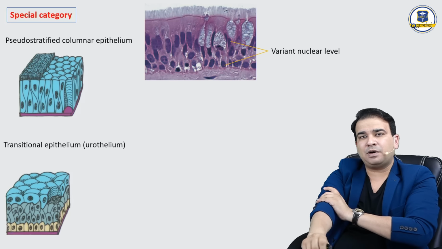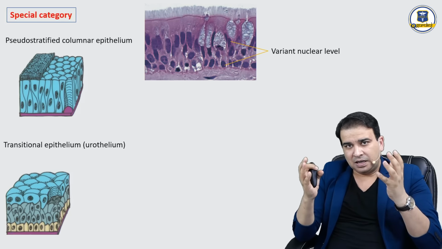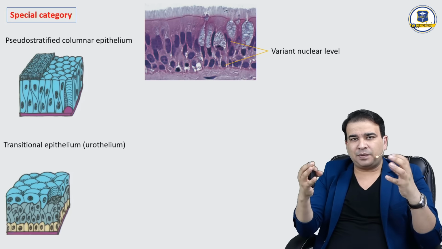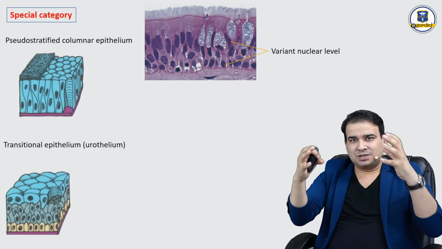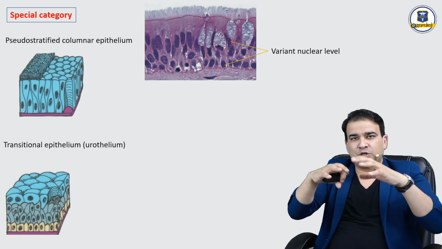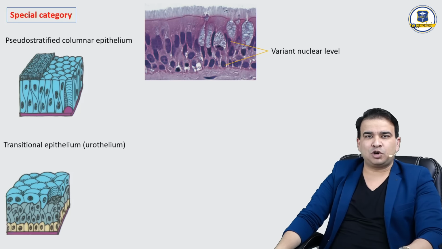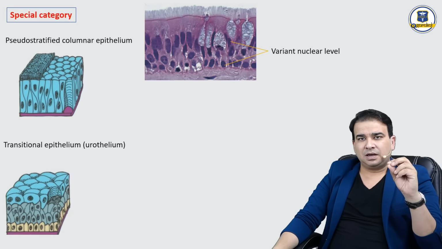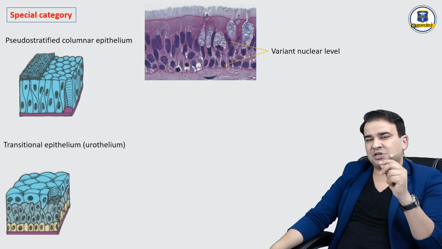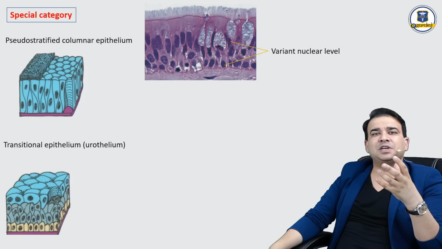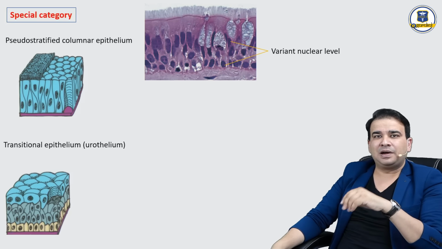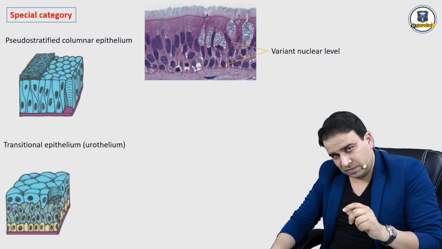The topmost layer is made up of cells which are umbrella shaped, dome shaped. That's why we call them umbrella cells, because each covers more than 2 to 3 cells underneath it. So we call them umbrella shaped cells on the top. And that's why it is called the urothelium or the transitional epithelium. The special characteristics of the transitional epithelium, we'll talk about separately in the urinary structures histology.